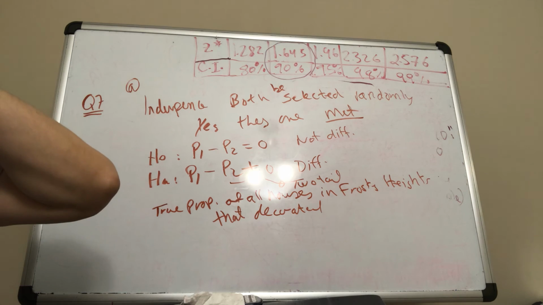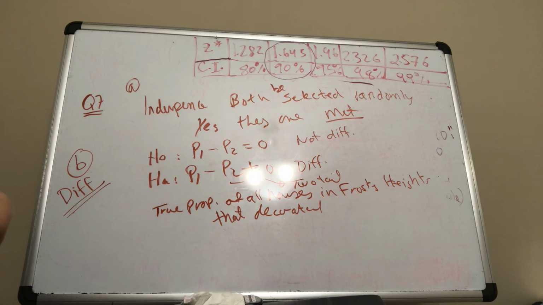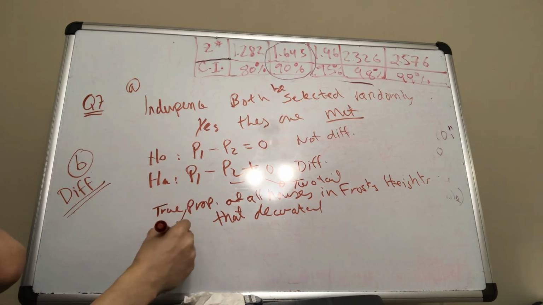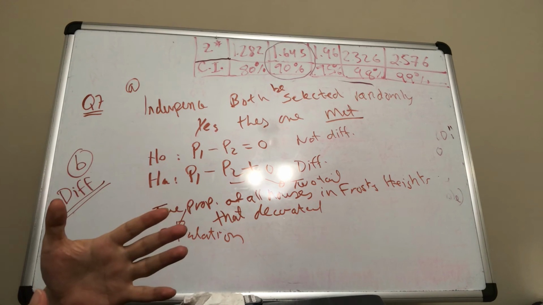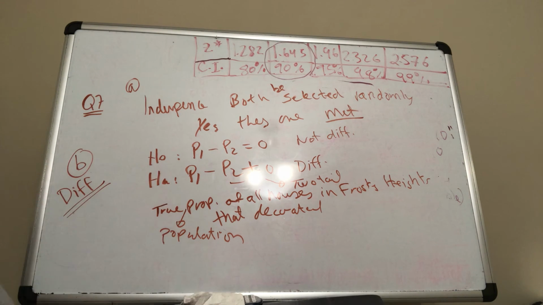Population proportion of Frosty Heights houses that put out lights, yes, D is the answer. True population proportion of houses in Frosty Heights that put up decorations.